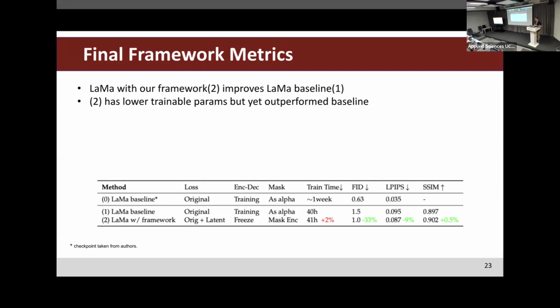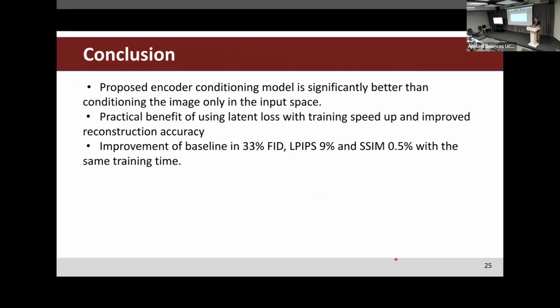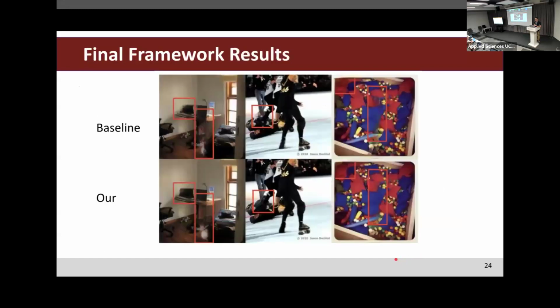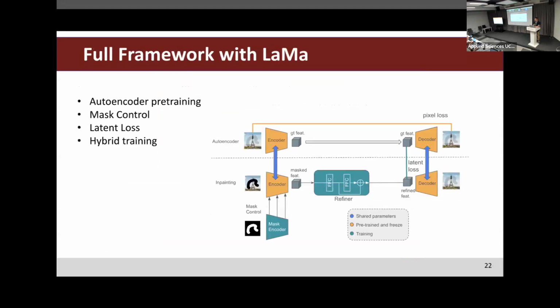And I would be curious to know whether these improvements are across the board, I mean, across all the categories of your data set, or whether it's specifically some categories that drive the metrics up? You mean for this final result? No, for all of your evaluation data set. Have you tried visualizing examples with poor metrics and high quality metrics?